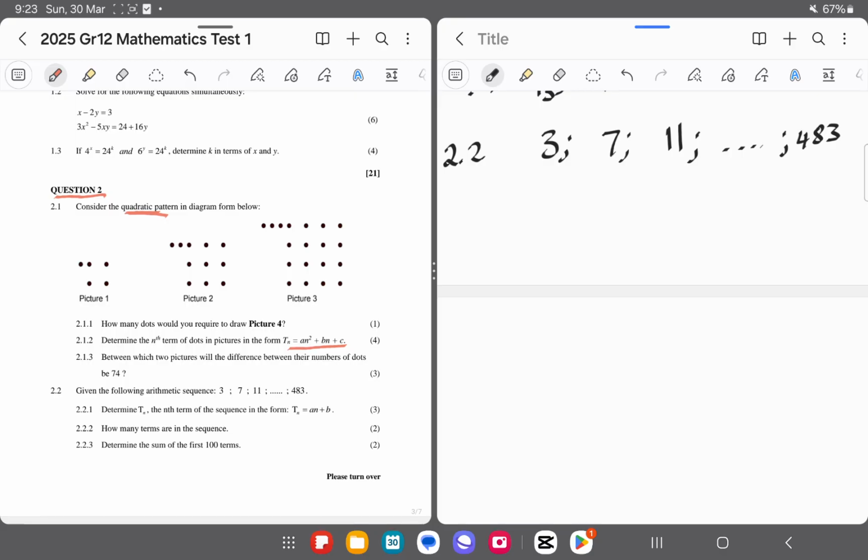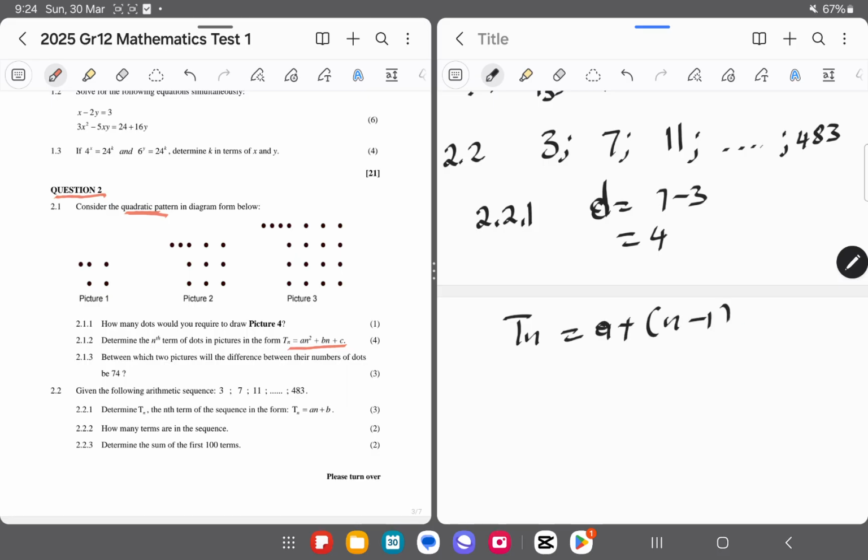Now, in order to determine the nth term, which is 2.2.1, we know that the difference is going to be 7 minus 3, which is equal to 4. And then Tn is a plus n minus 1 multiplied by the difference.